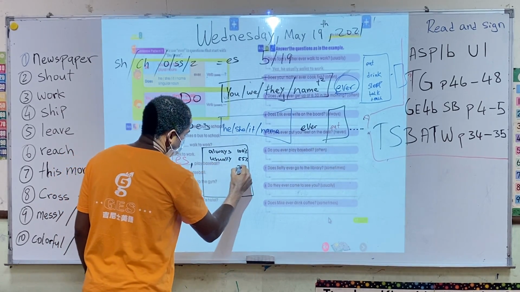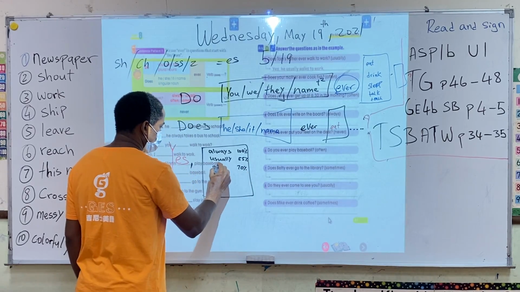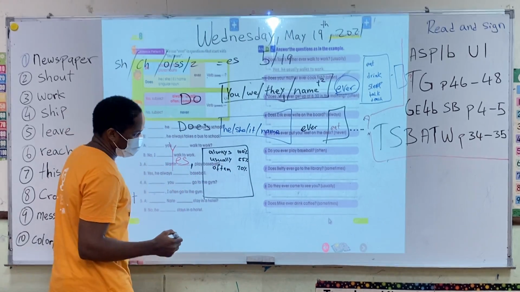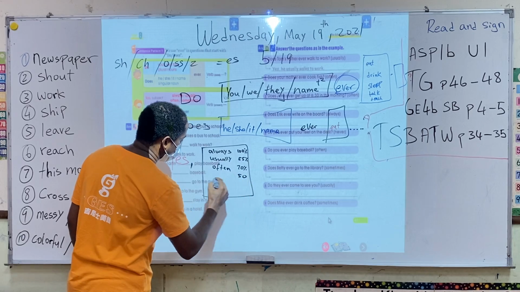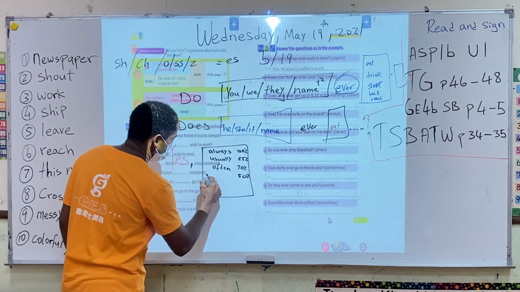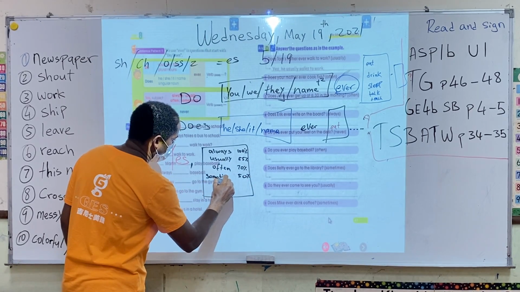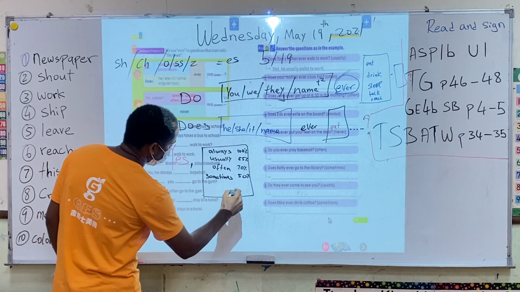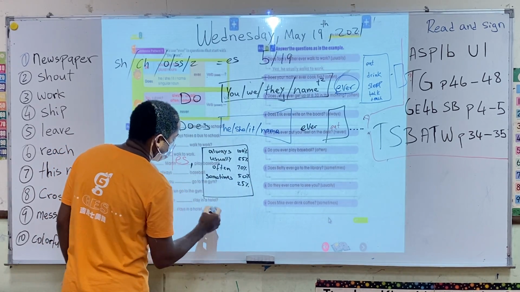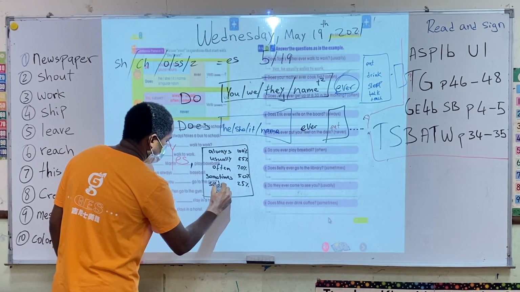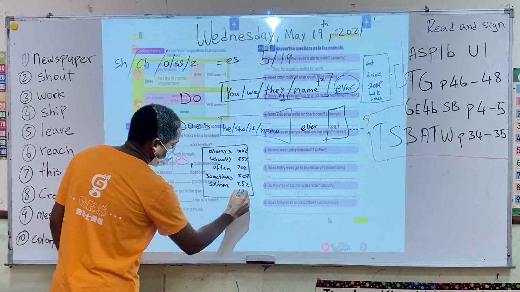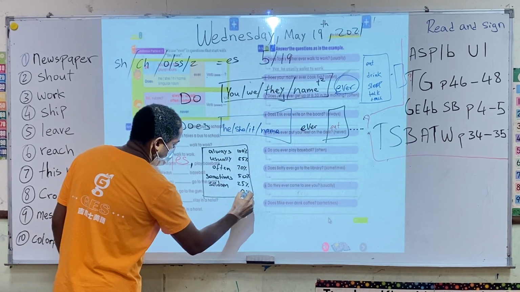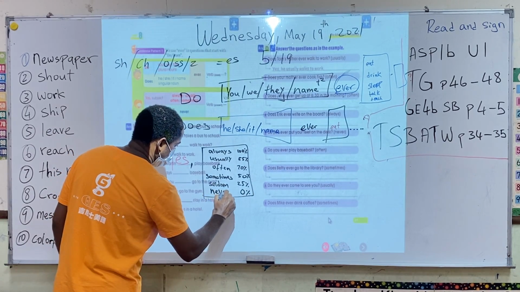Remember, 70% is often. Remember, 50% is sometimes. Remember, 25% is seldom. And remember, 0 is never.